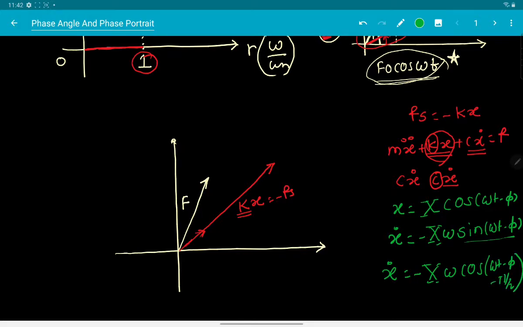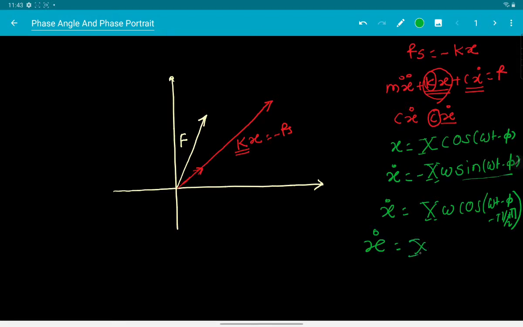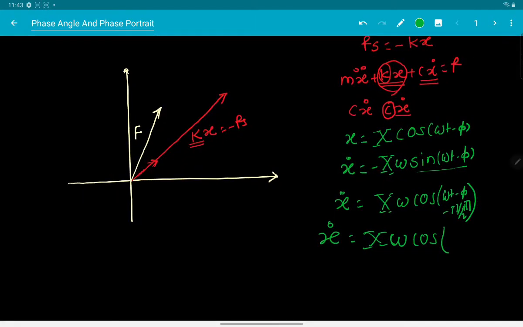Further, we also have this minus sign, so I can add pi in order to account for it. Hence I'll be left with the x dot expression: x times omega times cosine of omega t minus phi minus pi by 2 plus pi, which essentially is equal to plus pi by 2.